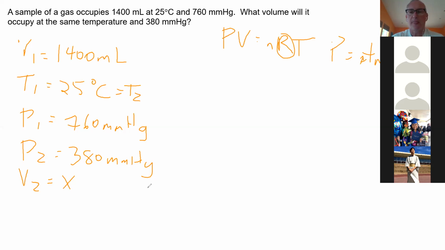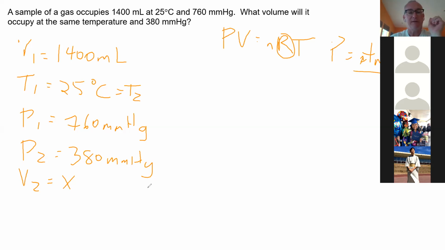Isn't the conversion 1 millimeter of mercury equals 760? Torr. Yeah, torr, sorry. So 1 millimeter of mercury is 1 torr. But that doesn't help us because we need to get to atmospheres.